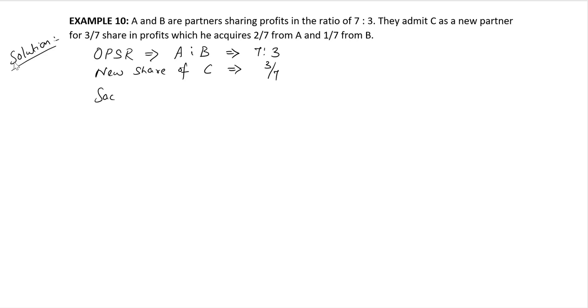As per the problem, sacrifice of A: it says C acquires 2/7 from A. So sacrifice of A is 2/7, and sacrifice of partner B is 1/7.